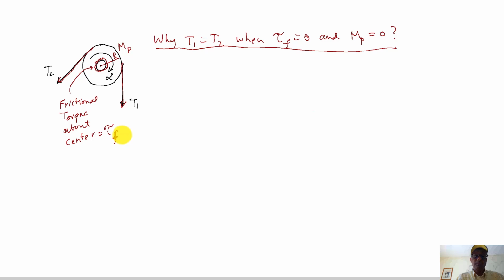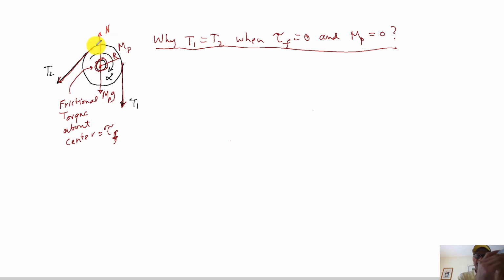So frictional torque is this, and gravity is mpg, and of course the axle is also going to be pushing back up, so there is a normal from the axle like that.